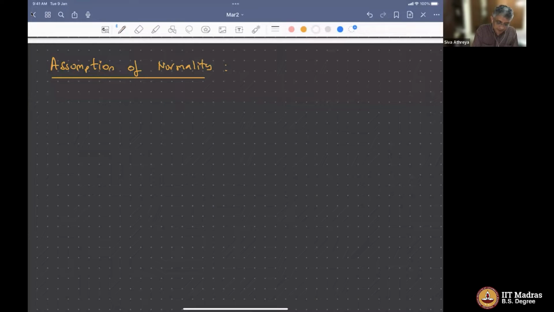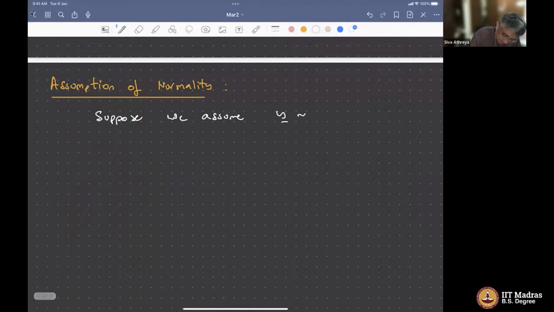Until now, I already assumed that either the random variable y or the errors, however you want to look at it, are uncorrelated, and the errors have variance sigma squared. But now, in our linear model, I'll assume y is normal with mean x beta and variance sigma squared I_n.